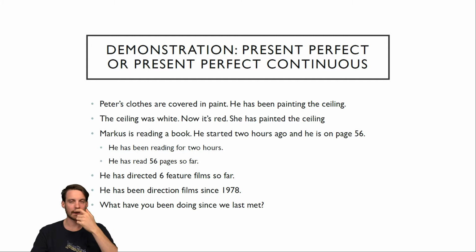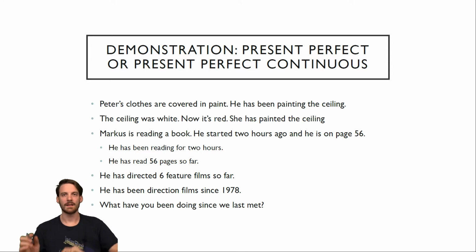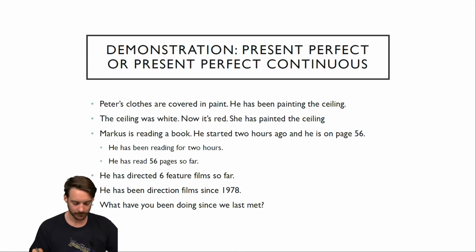Now I'm going to show you some example sentences. I've written them down in the form they are, so we don't have to play the guessing game again. Peter's clothes are covered in paint. He has been painting the ceiling. I'm going to do the next sentence and then tell you the difference. The ceiling was white.